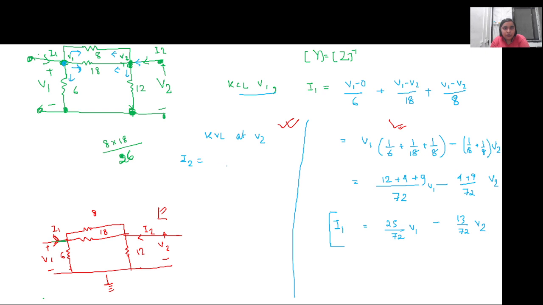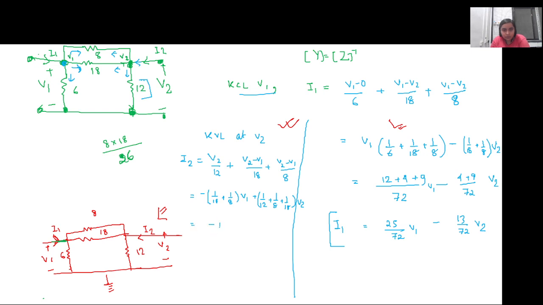So I2 will be equal to the current through the 12 ohm resistance, V2 by 12, the current through the 18 ohm resistance, V2 minus V1 by 18, and the current through the 8 ohm resistance, V2 minus V1 by 8. Again, let us simplify. It will be minus of 1 by 18 plus 1 by 8 into V1, plus 1 by 12 plus 1 by 8 plus 1 by 18 into V2.